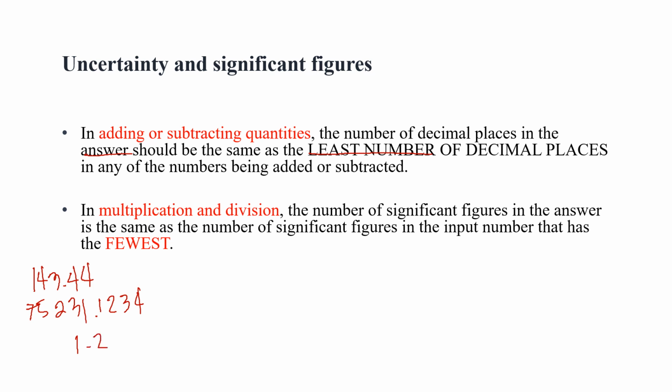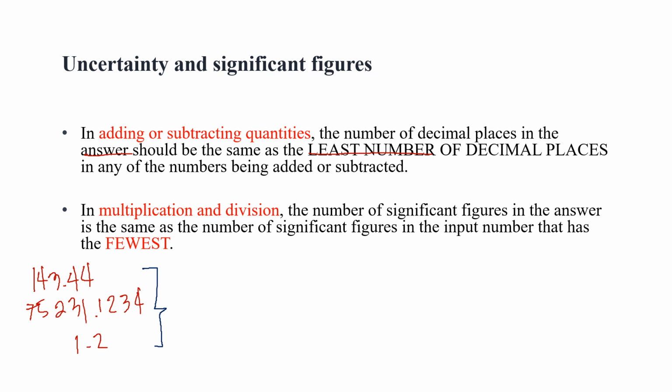Now let us add these 3 numbers. According to the rule, the number of decimal places in the final answer should be the same as the least number of decimal places in any of the numbers being added or subtracted.